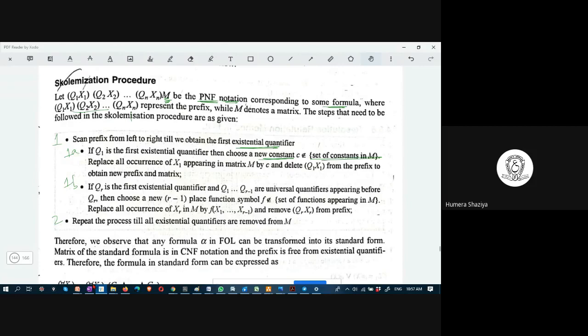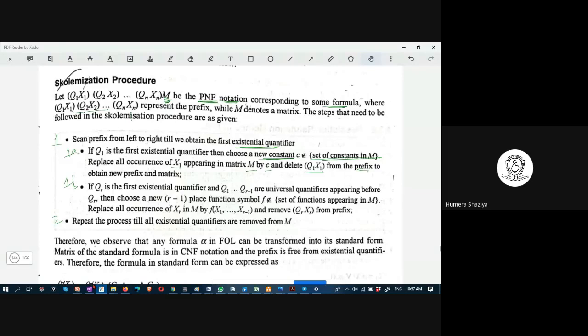There should be no constant chosen from M to be replaced for the existential quantifier. Replace all occurrences of x1 in M by C and delete Q1 x1 from the prefix.